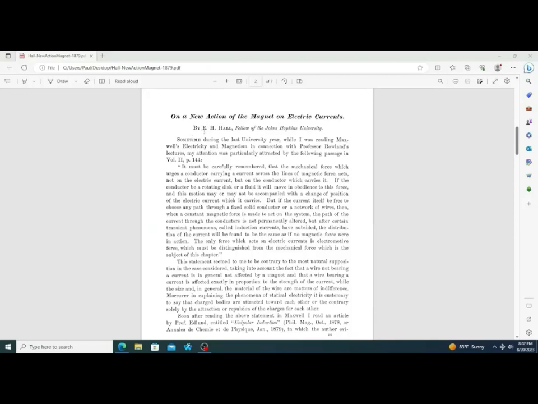And so Hall was a fellow at Johns Hopkins, and he says he was reading Maxwell's Electricity and Magnetism, and he was attracted by the following passage. And just to give a little more context here, this is Mr. James Clerk Maxwell to you and I. This is the guy with the terrifying partial differential equations that nobody understands.